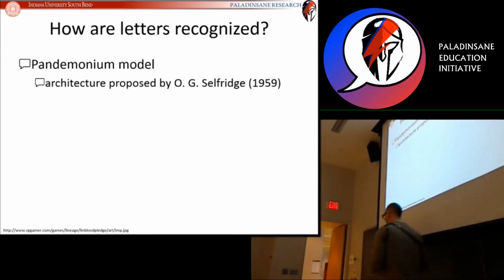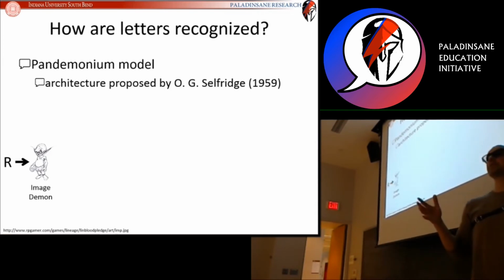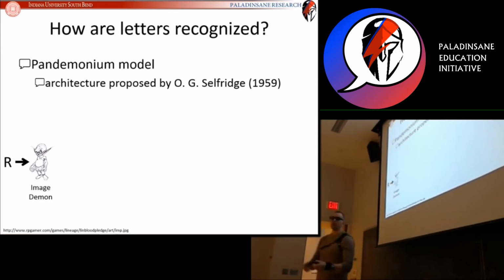And what he proposed is that if you have an R, once again, it gets sent into an image detector, but this time we have an image daemon. So once again, this is the representational level. This is a potential way that your mind is solving this computational level challenge. Maybe, potentially, we have a daemon in our mind that is known as an image daemon.